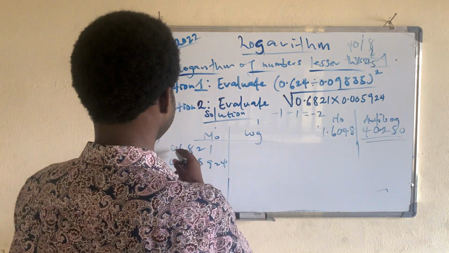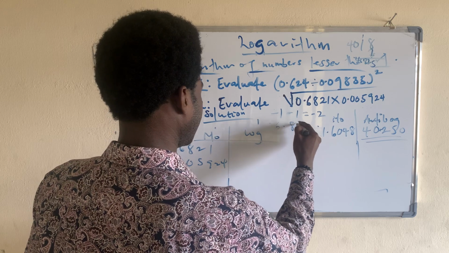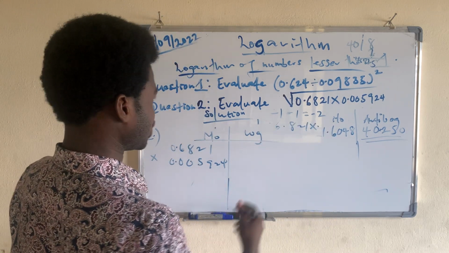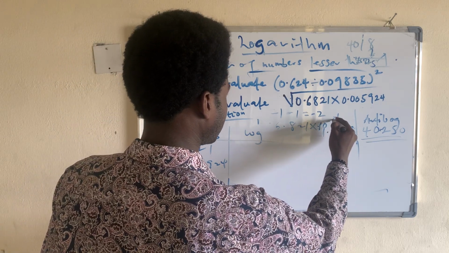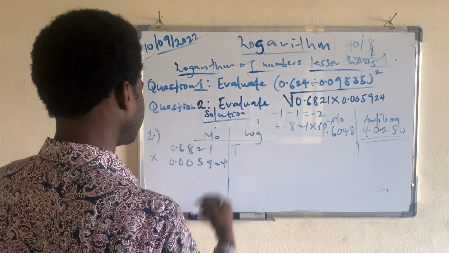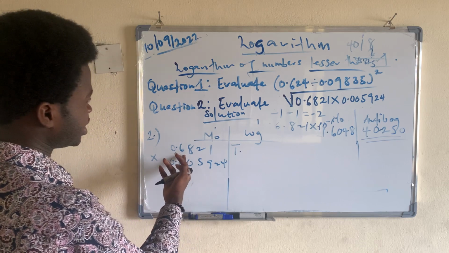Okay, very good. So quickly we check this, we convert this to standard form. This is the same thing as 6.821 times 10 raised to the power of minus 1. So what I have here is bar 1. So bar 1 point, then dot.